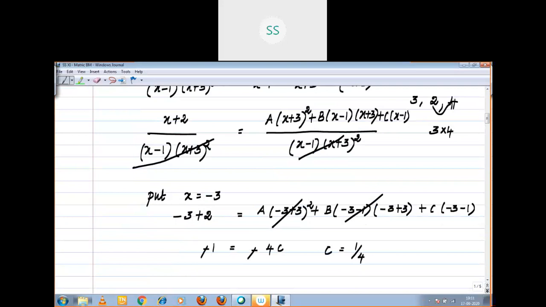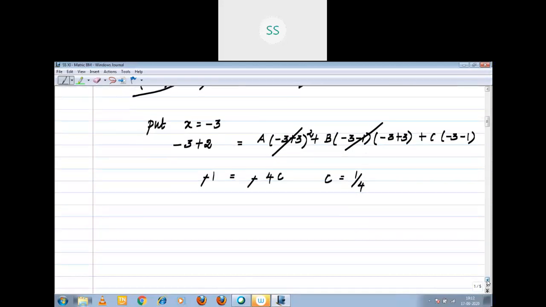Next, you want to substitute x equal to plus 1, because inside the bracket the number is negative, x minus 1. So I am going to substitute x equal to 1. If I substitute x equal to 1, c and b vanish.